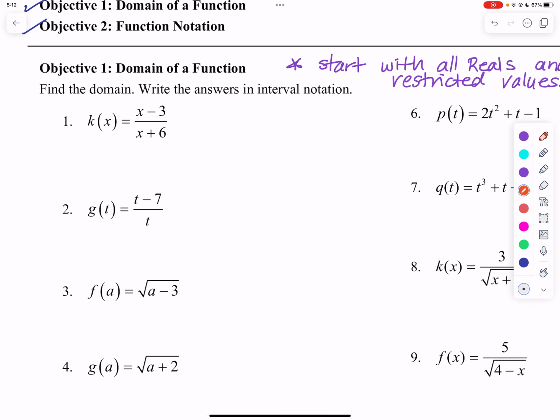So here, as you can see, we do not want the denominator equal to 0. So we set the denominator equal to 0, and we see that x equal to -6 is a restricted value, but all other values of x are okay.